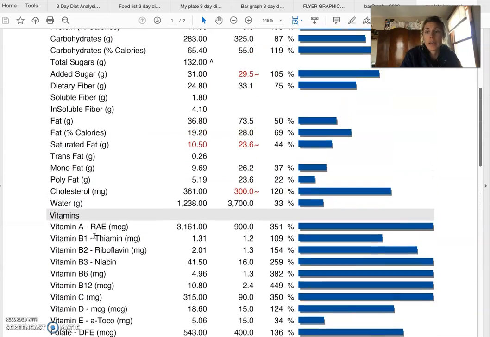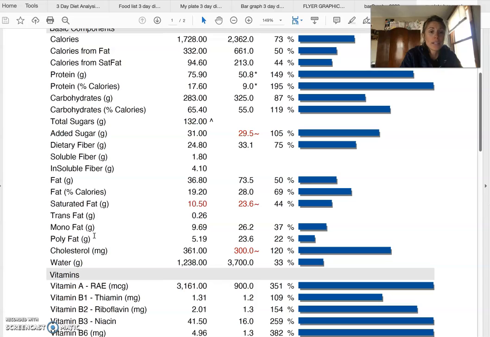Just think of it this way. Added sugars are anything that's added to a food product, or coffee, that is in sugar form. That could be honey, agave, plain white sugar, brown sugar, or maple syrup. That's added sugar. Natural sugars are coming from fruit and from dairy.